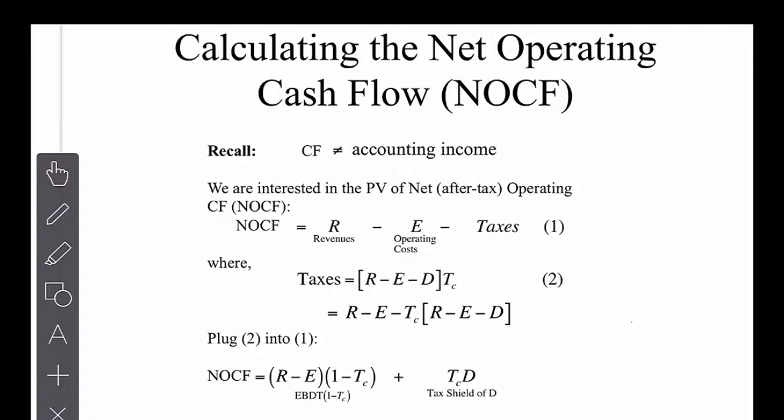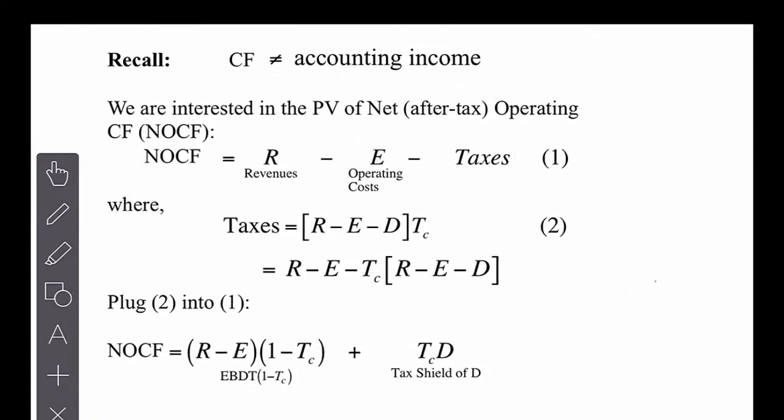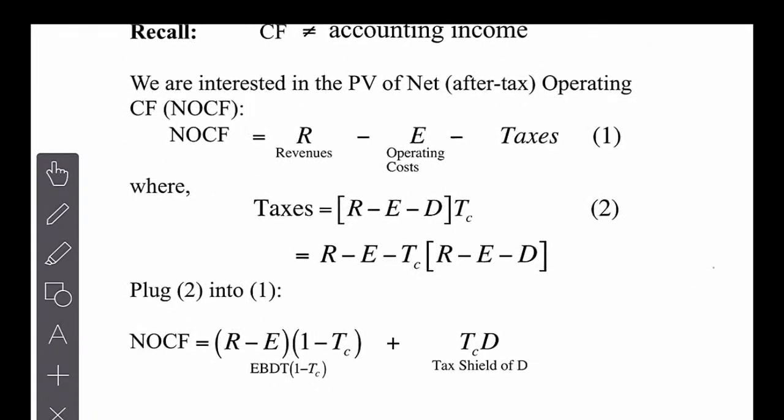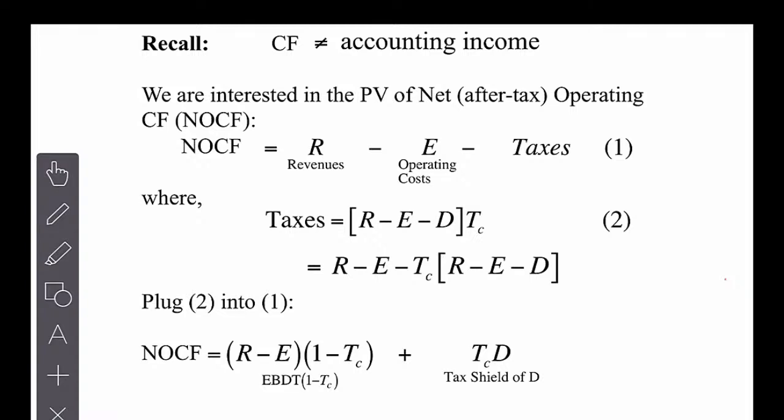The present value of net and after tax operating cash flows. So net being revenues less expenses. So revenues that we've already seen for our exercise.